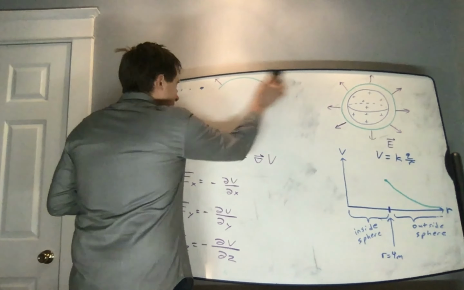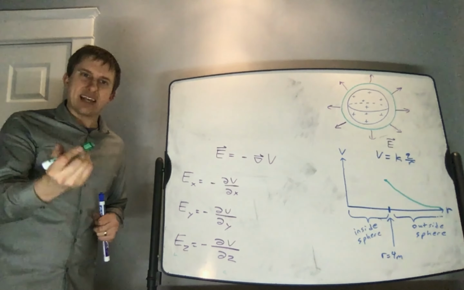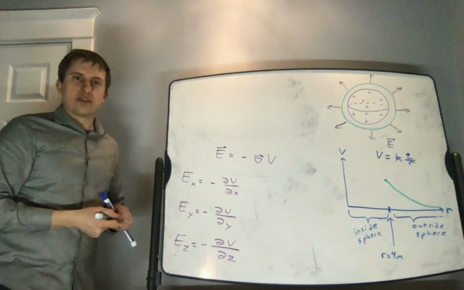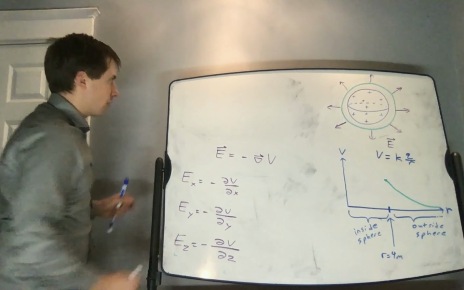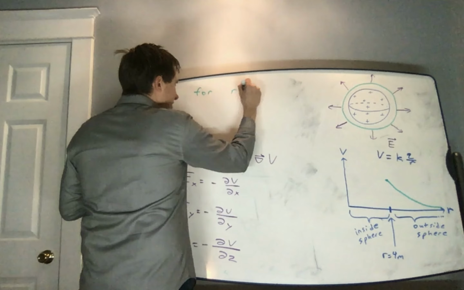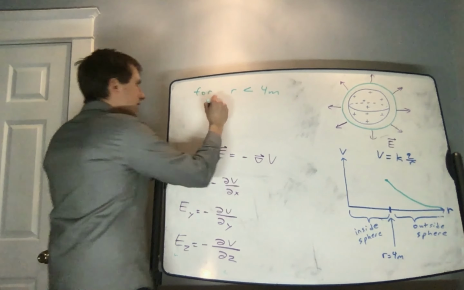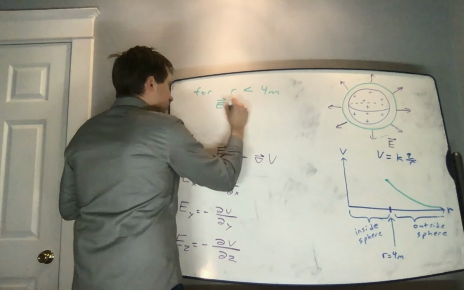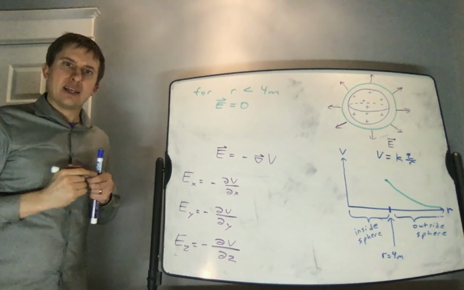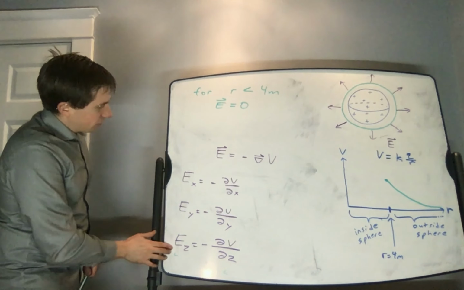Now, if you think back to the previous chapter, we also said that at points inside a conductor, the electric field is going to be 0. So I could say for points r is less than 4 meters, for points inside the sphere, the electric field is going to be equal to 0. How do I make the electric field 0?